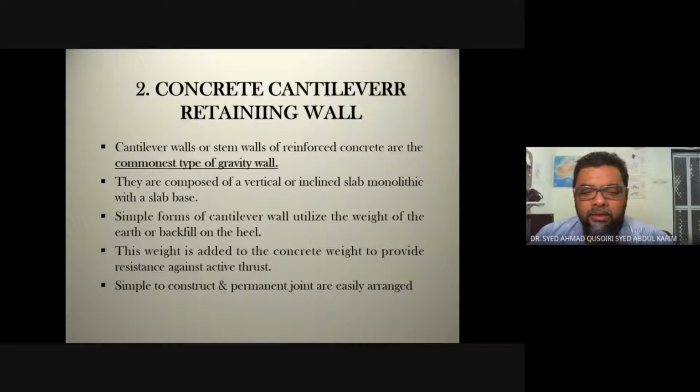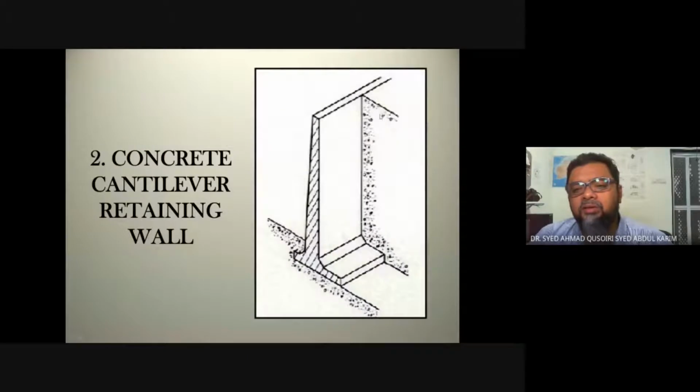This weight is added to the concrete weight to provide resistance against active thrust or active earth pressure. So we do not need to use as much concrete. If we don't have this here, we have to make this vertical wall a lot thicker to have that mass.